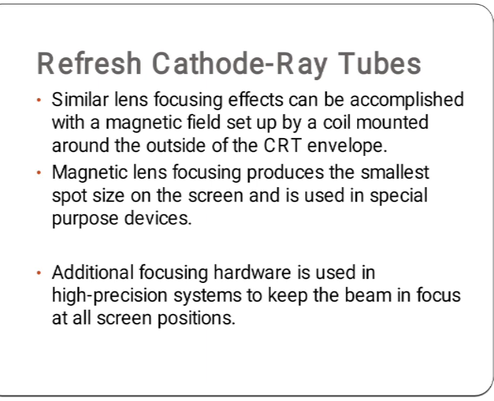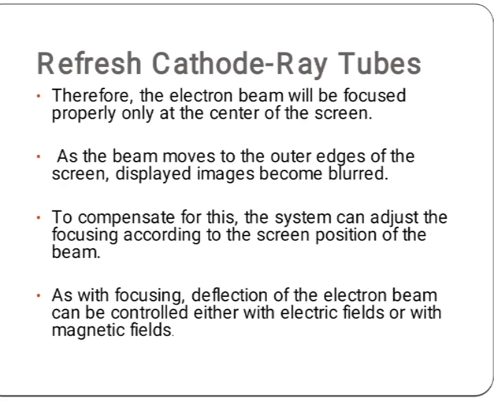Additional focusing hardware is used in high precision systems to keep the beam in focus at all screen positions. Otherwise, the electron beam will be focused properly only at the center of the screen. As the beam moves to the outer edge of the screen, displayed images become blurred. To compensate for this, the system can adjust the focusing according to the screen position of the beam.